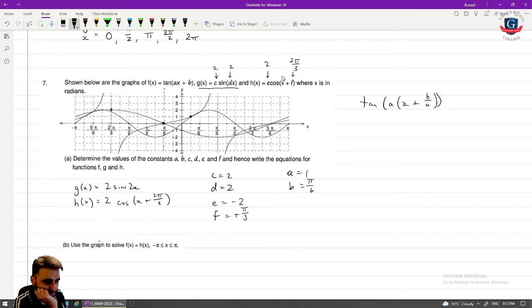So for this function here, it's the cosine function, so I'll rewrite it. Negative 2 cos x take pi on 3. And f of x will equal tan of x plus pi on 6. Now is it really plus? No, it's minus.